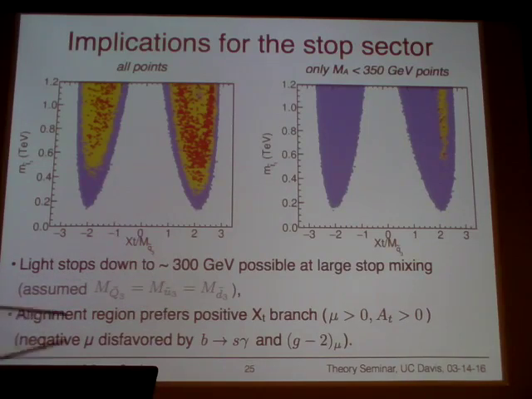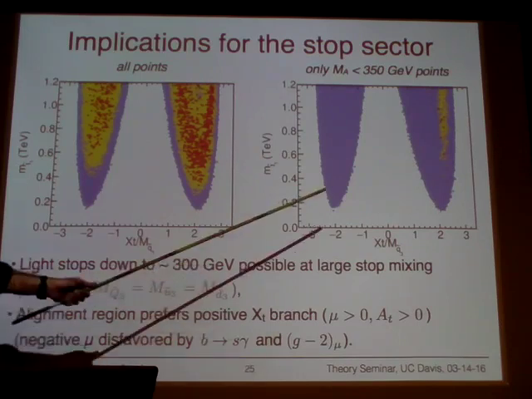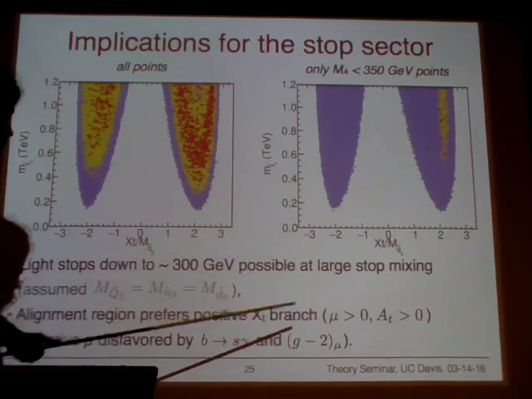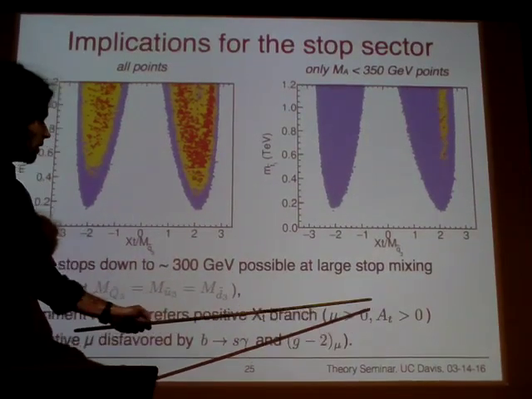And note that we also assume this universality in the 3rd generation squark masses. So if you split this up, you can even have lower stop masses. I will come to this in the last part of the talk, actually. As I said, these parameters are positive.